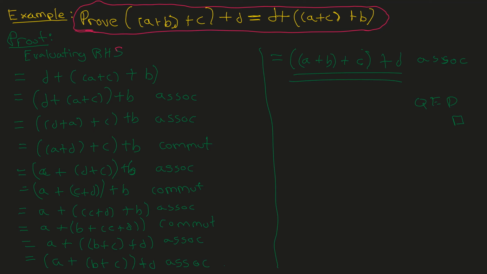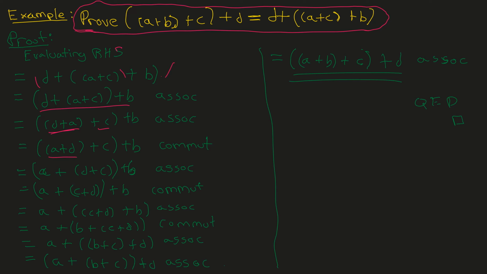So we start with the right hand side right here, and this is the same as this because of associativity. I'm just rearranging the brackets to here. Then d plus (a plus c) is the same as (d plus a) plus c, because I'm just rearranging the brackets the way I want. And then I'm using commutativity to show that d plus a is the same as a plus d.